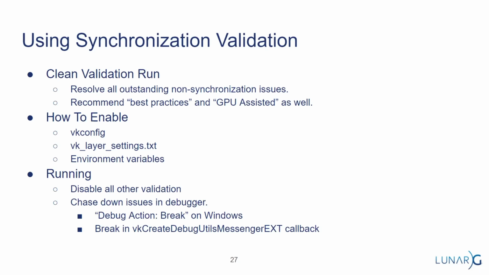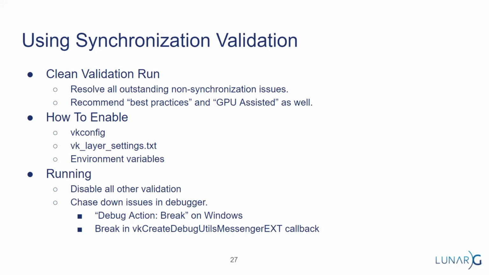For the first part, synchronization validation isn't doing parameter level validation. It isn't doing a lot of state machine validation. So if you have validation errors that are occurring in parameter validation or core validation, or even in best practices, then it's possible that we're just trying to validate against an invalid command stream, and it's pointless.